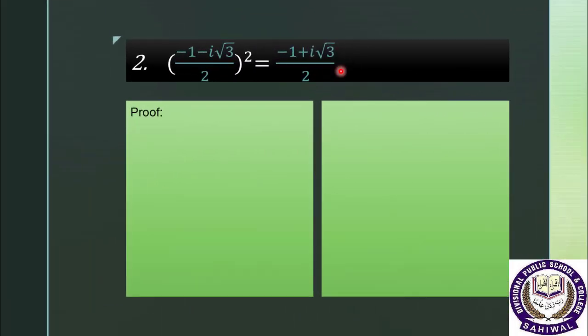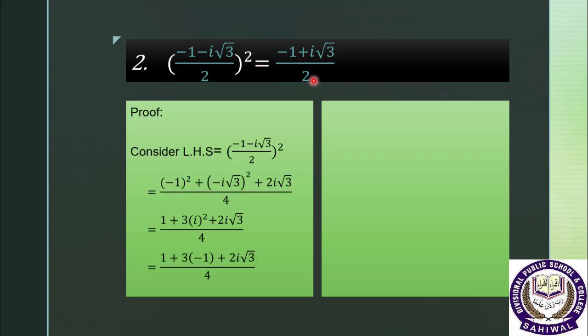Similarly, for the second equation, ((-1 - i√3)/2) the whole square equal to (-1 + i√3)/2, we consider the left hand side. Again, applying the identity for squares, we get (-1)² + (-i√3)² + 2 times i√3.